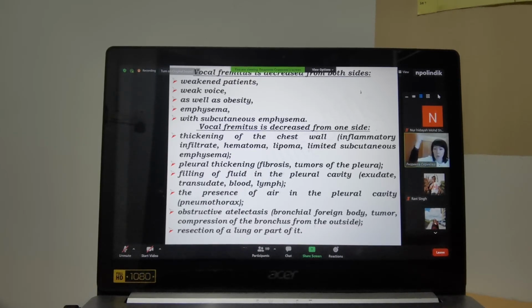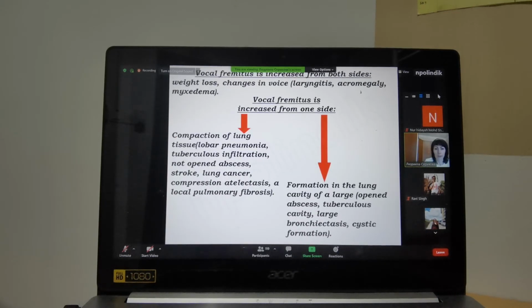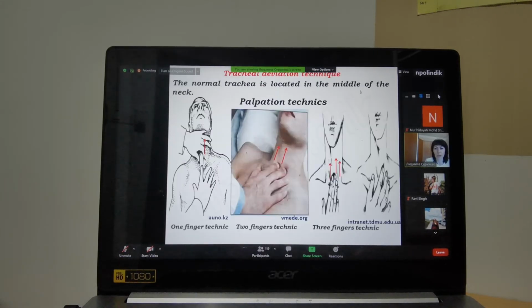I explained before. You can think about this. Fluid, air, cavity. I enumerated. I demonstrated it. About vocal fremitus, I explained everything by pictures. If you wish, later you can mark it, you can note it.